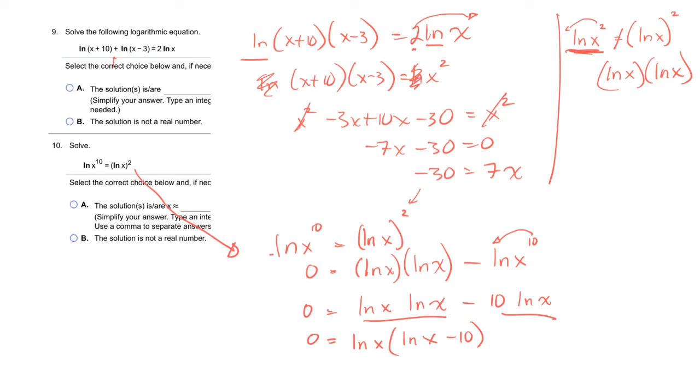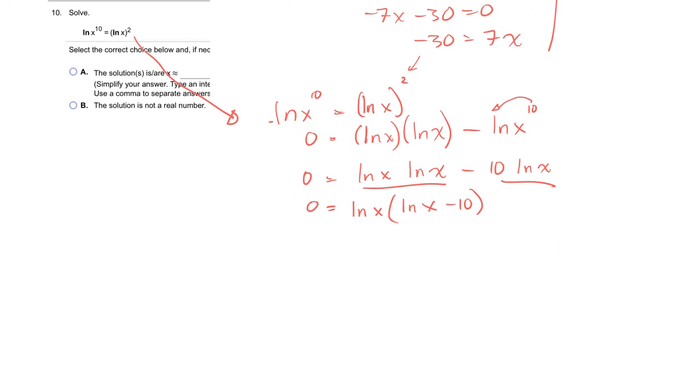And now I'll separate each of those. So I'll have ln of x equals 0, or ln x minus 10 is equal to 0. Now, I don't think you can ever get a 0 out of a ln or a log. To what exponent must you raise?